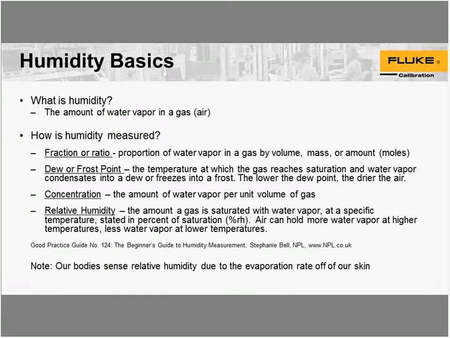And then there is a gravimetric method, a lot like the first one that we talked about. This method is used by some national measurement institutes for reference level humidity work, where they will weigh the amount of water that's in a gas or in the air, and they can use that to calculate a relative humidity or a percent concentration or a fraction ratio.